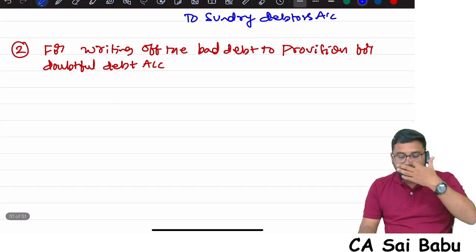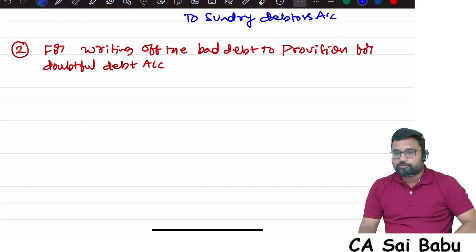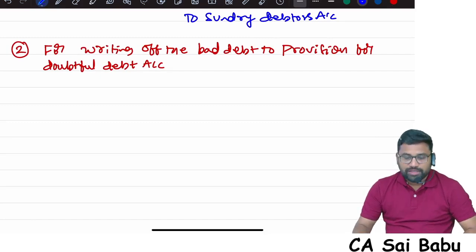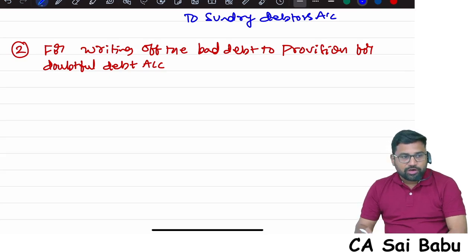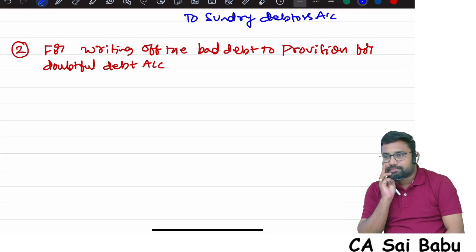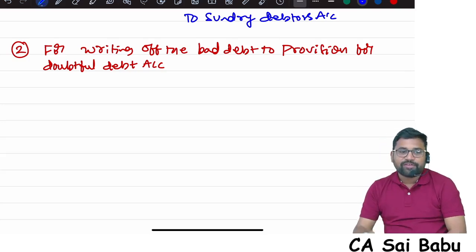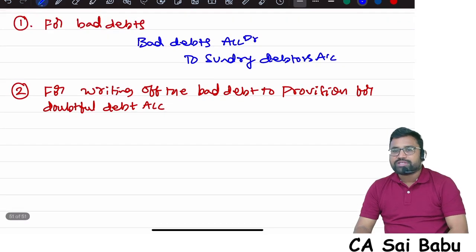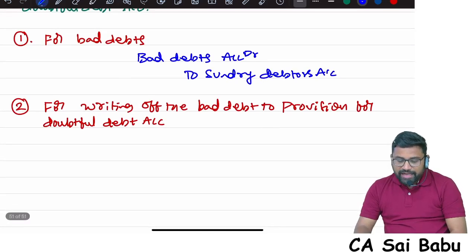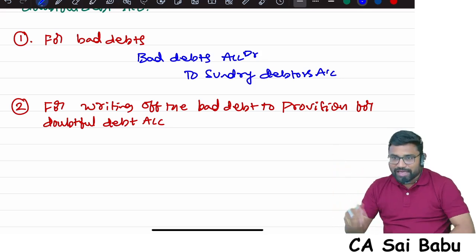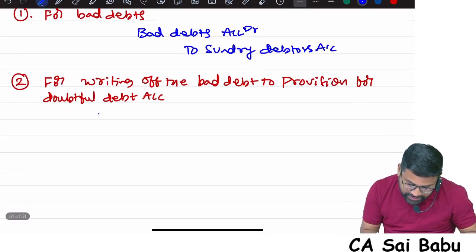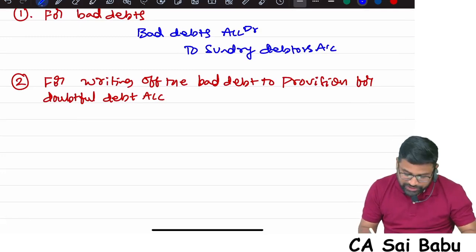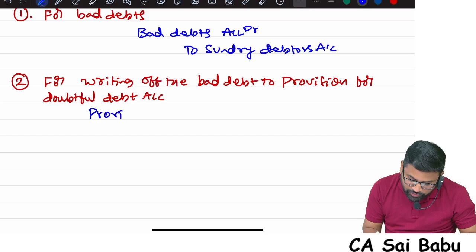Suppose bad debt is a confirmed loss which we have adjusted against the provision. What is the entry? Provision generally has which balance? Credit balance. If you adjust, it will be debited. Bad debts shows which balance? Debit. So if I adjust, it will be cancelled. Therefore, when I adjust bad debts against provision, the entry is provision for doubtful debt account debit.